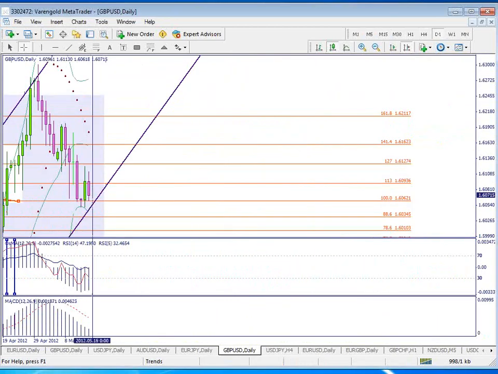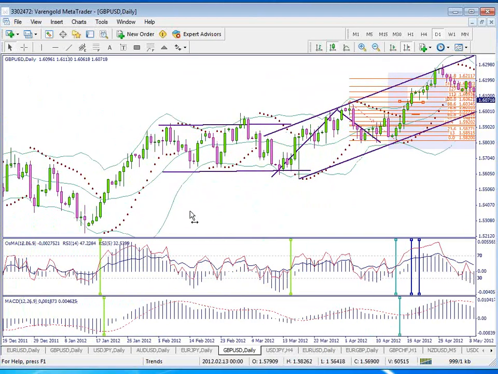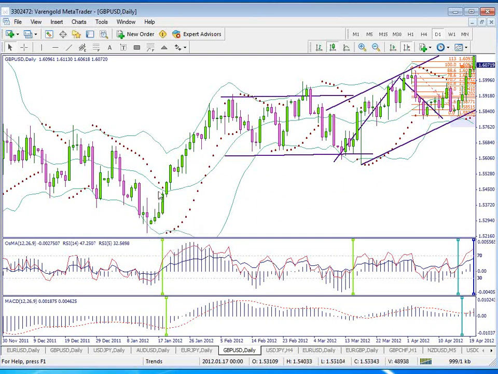I will go on daily for this. So if I have this wave, I will look for one retracement of at least 38.2, 41.4.